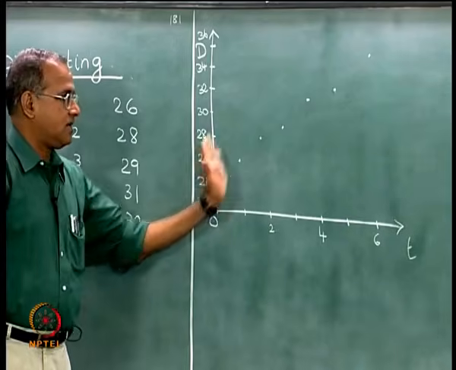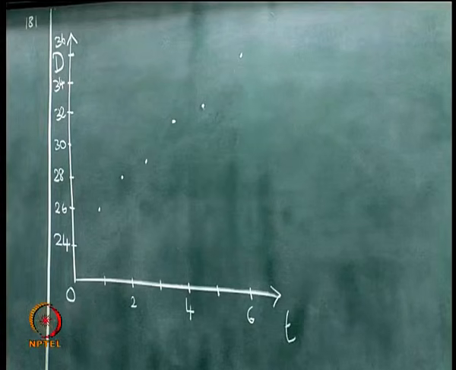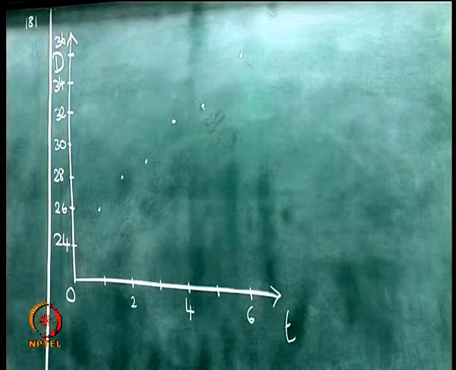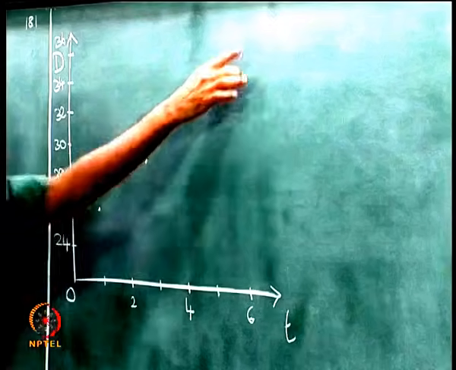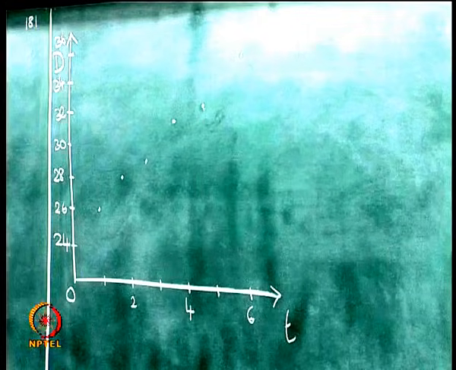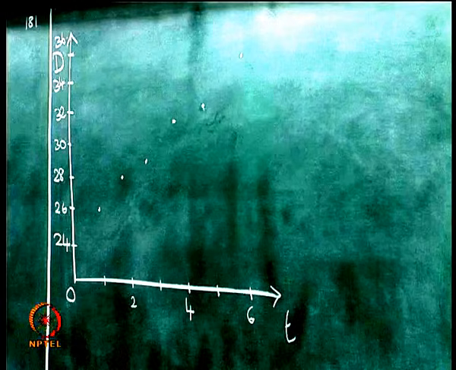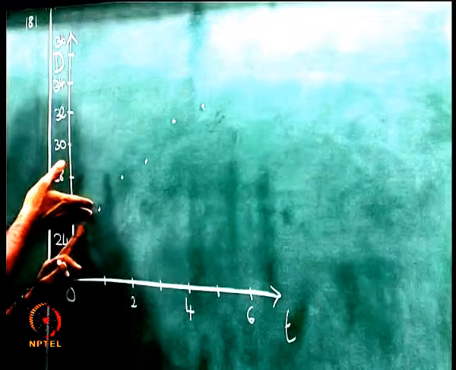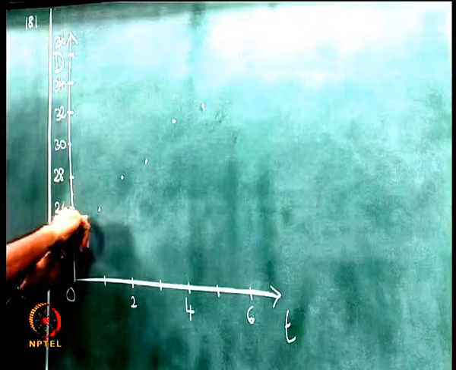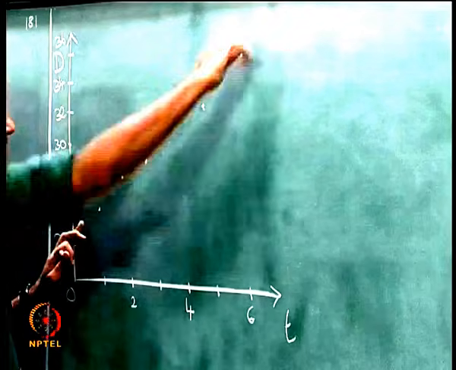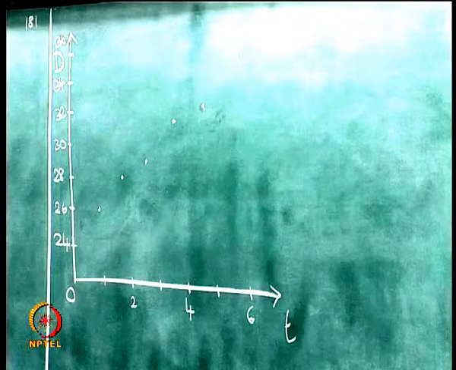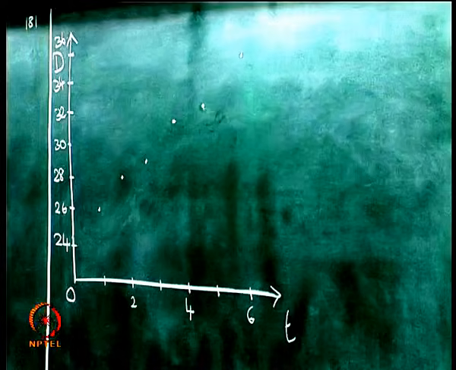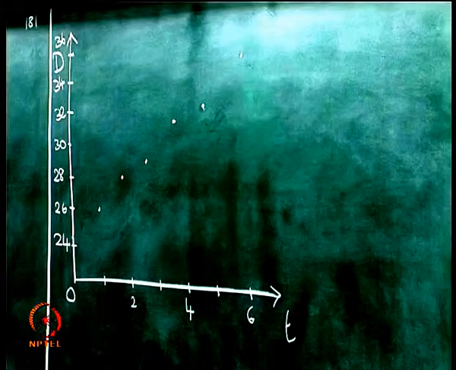So, this is how the 6 points are plotted, and one look at these 6 points conveys to us that there is an increasing trend, and in some sense if we try to draw a line, the line will go like this. Now when we try and draw the line, we ask ourselves a couple of questions.